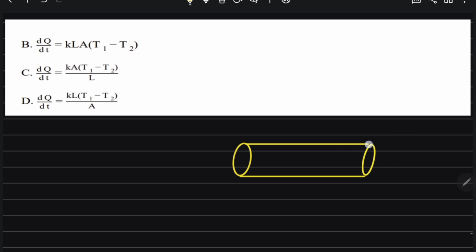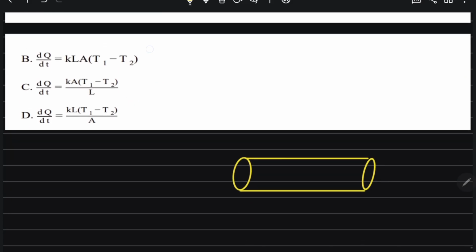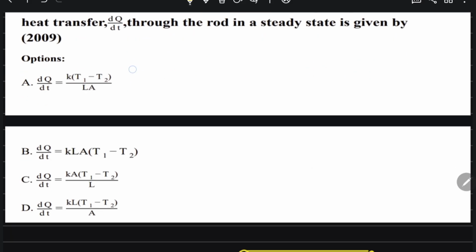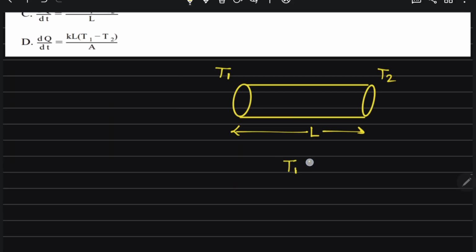This rod has a length of L, and this end has temperature T1 and the other has temperature T2. They have given that T1 is greater than T2, meaning heat flows from higher temperature to lower temperature.